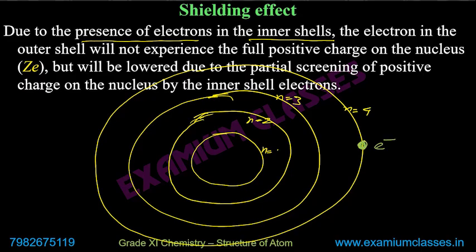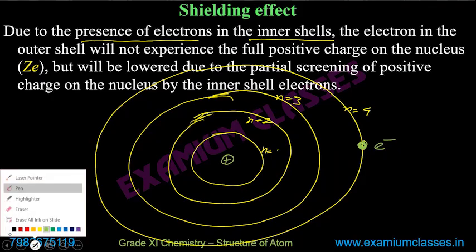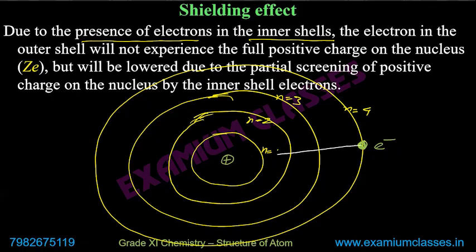One of the electrons I have talked about. So this electron, if there are no other electrons, will have some force of attraction by this nucleus. So this nucleus will attract this electron towards itself. But in reality, what happens? There are electrons in between also.